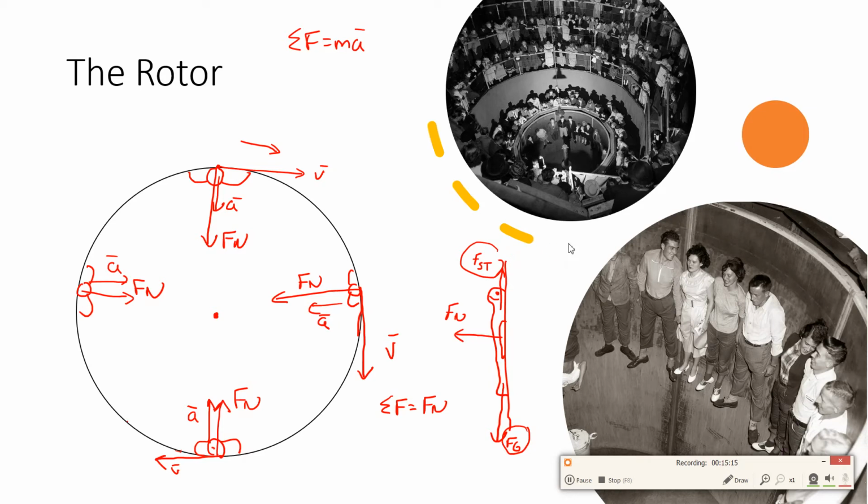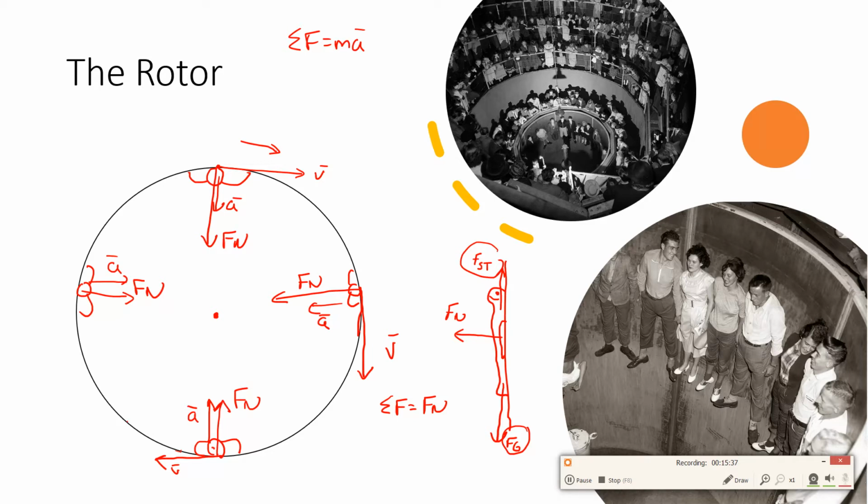And there's two answers to that. Number one is, yeah, sure they are. They are pushing on the wall. But I don't care what they're doing, because going back to Newton's laws, we care about the outside forces. We care about what's acting on the person to make them move in a circle. We don't really care about what the person is doing to its surroundings, because it takes an outside force to make something accelerate. So we care about the forces acting on the person.